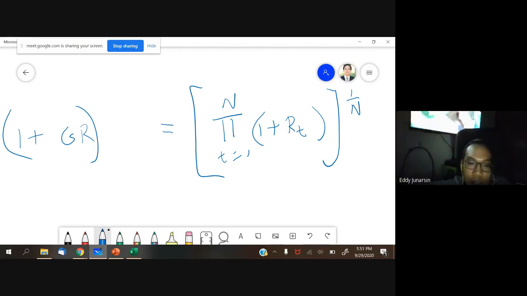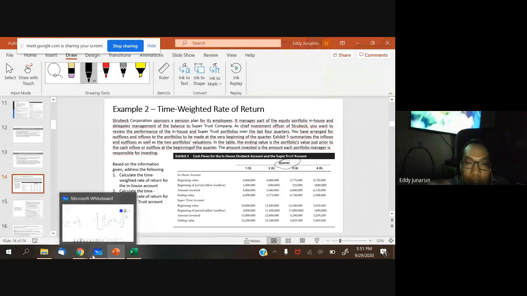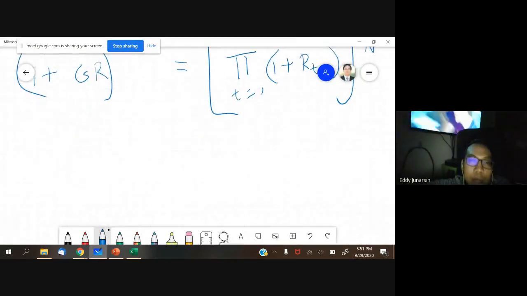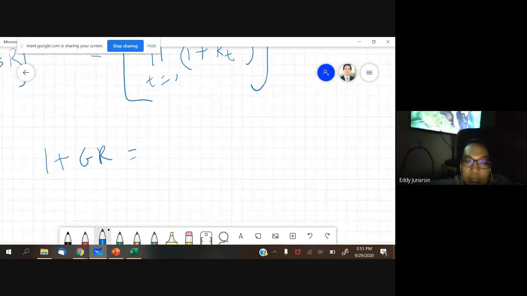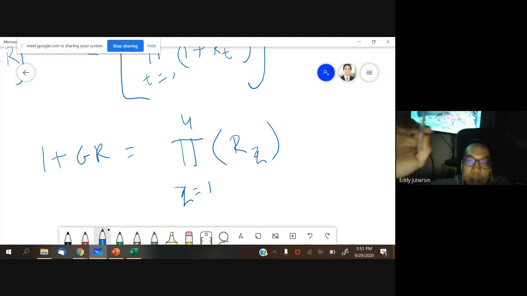But here it is quarterly, right? So you don't need any power, because it's quarterly within a year. So you need only 1 plus q, where q is from 1 to 4.